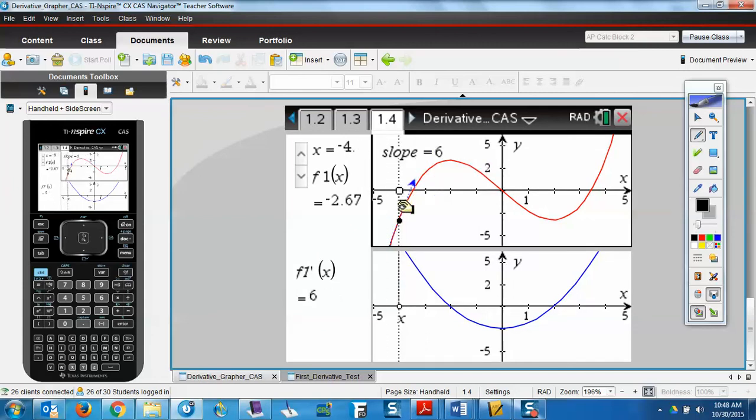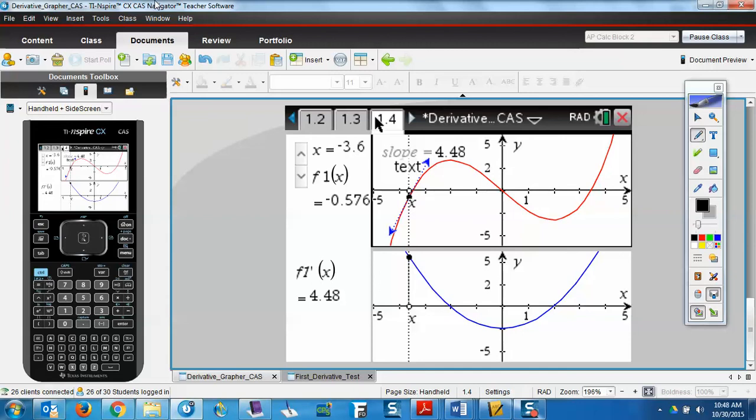So I'm going to go back here. Somebody tell me something. Now we said, what does f prime tell us about f? So we're looking first at the blue graph. Tell me something about where I'm at on the blue graph. Tell me something about f prime right now. F prime is what right now?